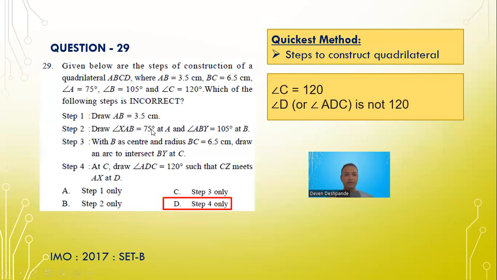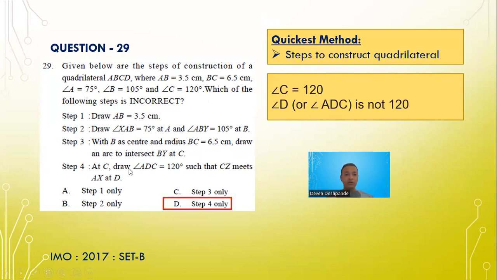Angle XAB is 75, angle A is 75, which is perfect. And angle ABY is 105, angle B is 105 at B. This is also perfect. With B as a center and radius BC equal to 6.5, BC is 6.5, perfect. Draw an arc to intersect BY at C, which is perfect, isn't it?